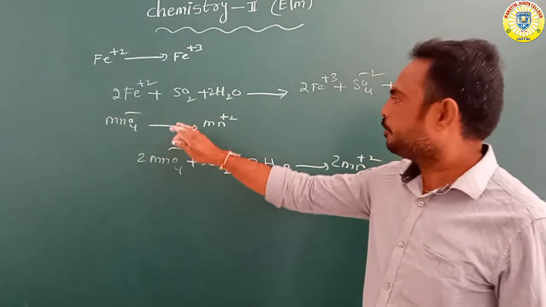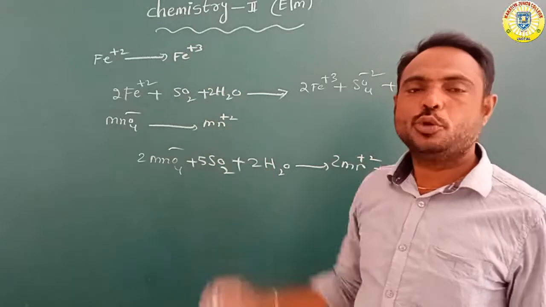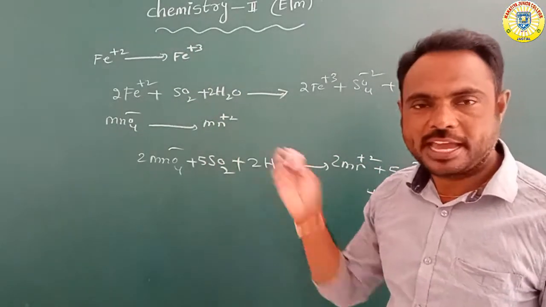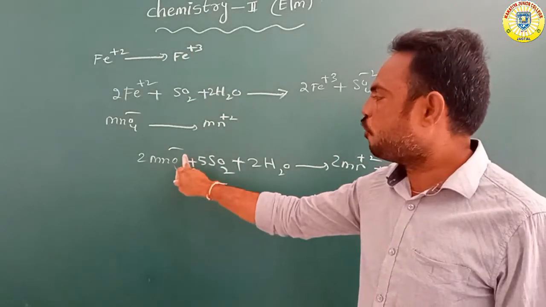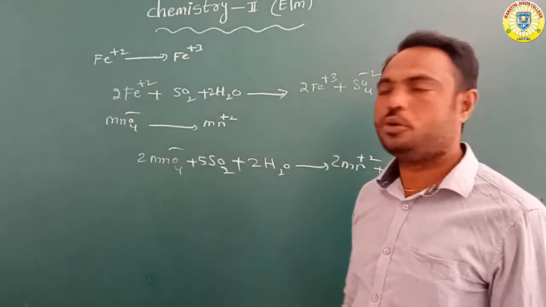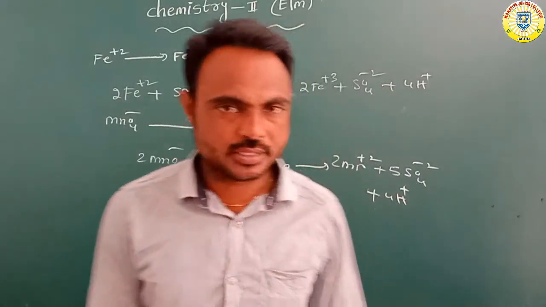So mainly Fe+2 ions are converted to Fe+3 ions, and MnO4- ions are converted to Mn+2 ions.